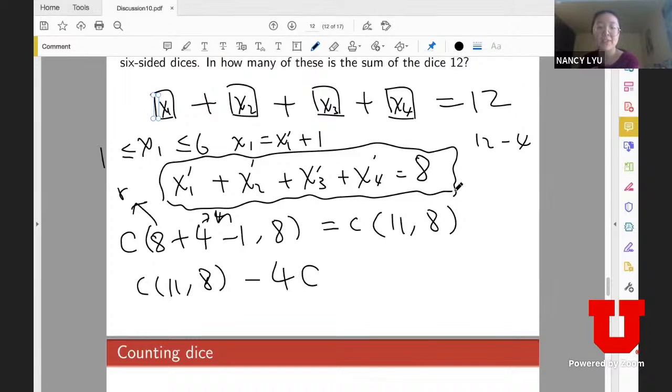And right now, since we're using this equation, we know that x prime is x1 minus 1. So in fact, as long as your x prime is greater than or equal to 6, we're going to count that. And that will give us 5 choose 2.